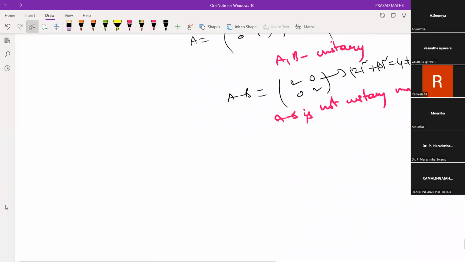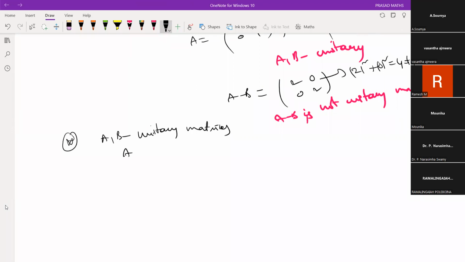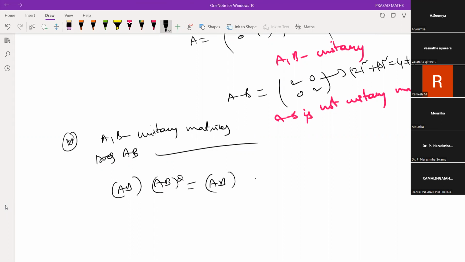Next, what about the product? If A and B are unitary matrices, is A into B unitary? Look at the definition. AB into (AB) theta equals A B B theta A theta, that is A into the identity matrix into A theta, which equals A into A theta, that is equal to the identity matrix.